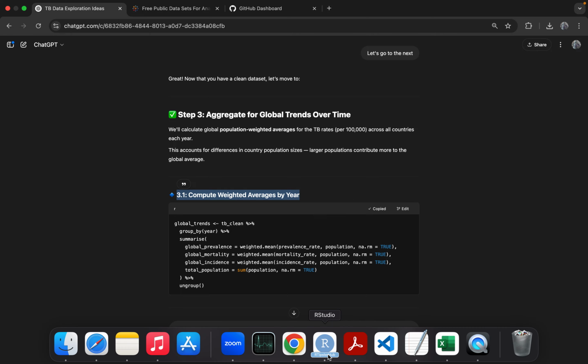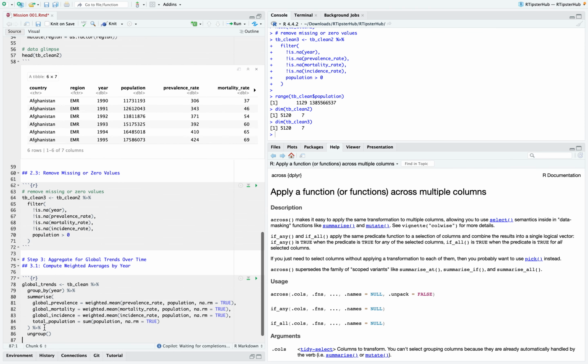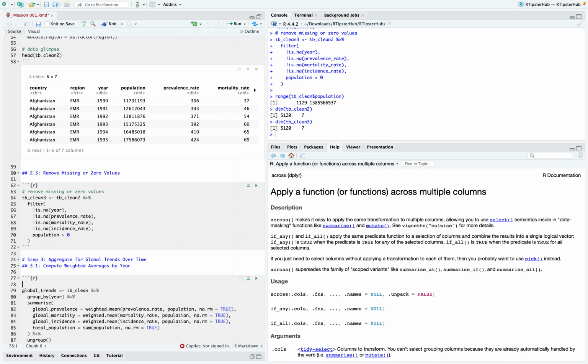Copy this chunk of code, and then we introduce a new object. So aggregating, we introduce a new object called global trends, and because the previous part of the code did not do anything, we can just take it from tbclean2, so it will still be fine. And then we say group by year. So what's group by?